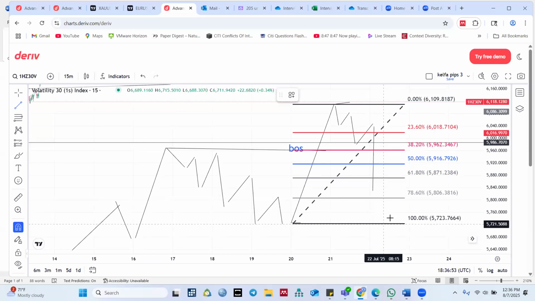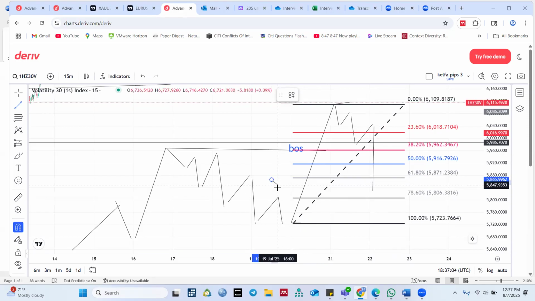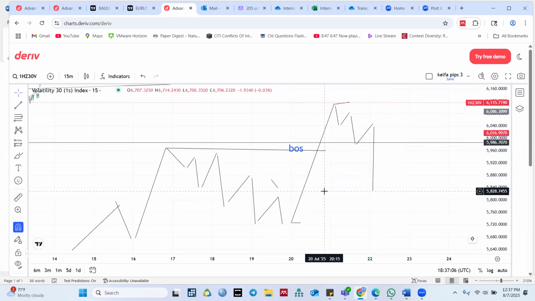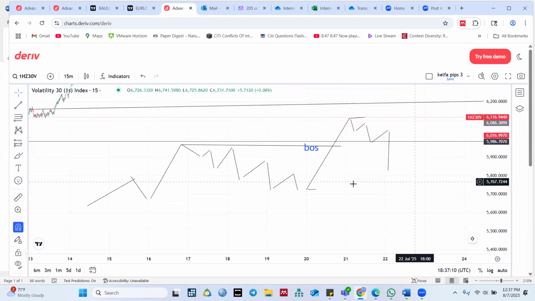It could even drop into 100%. Then we buy. So this is the basic bullish setup. There is more to it, why you have to buy, but this is the basic way the structure moves or is supposed to move.